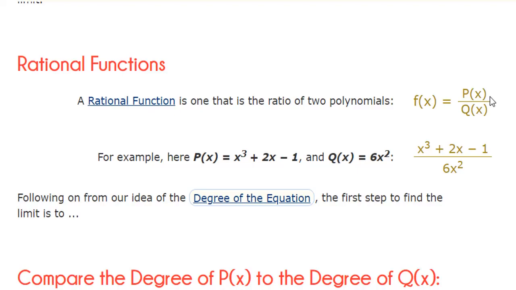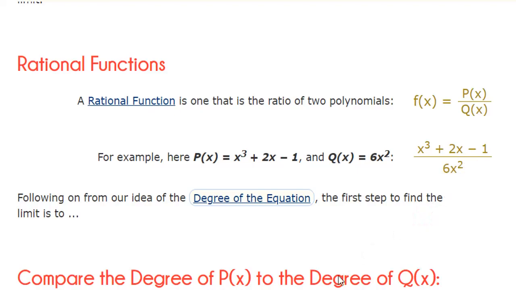So what is the degree? So makaingon kag unsa man ang degree, you will find the highest exponent from the function. So for this one, x cubed plus 2x minus 1, ang highest exponent is 3. So ang degree sa numerator is 3. Then this one, the denominator, ang degree niya is 2.